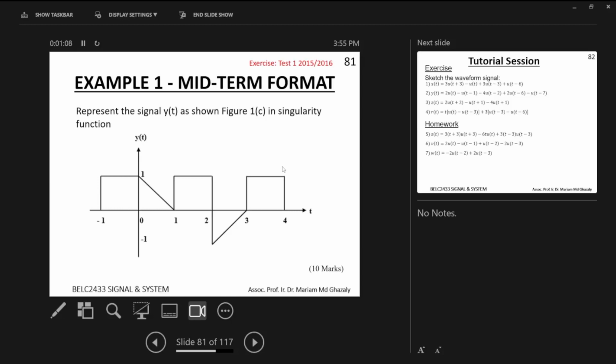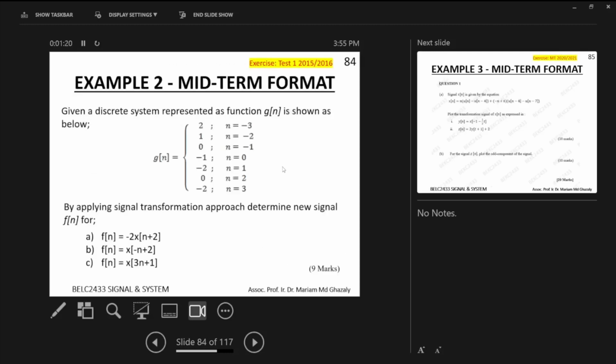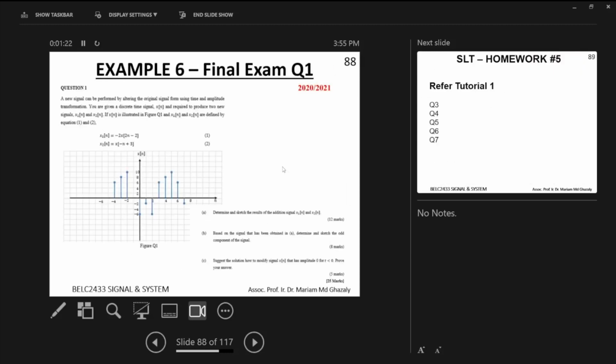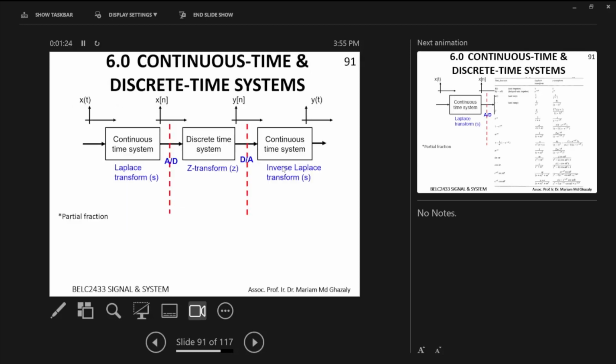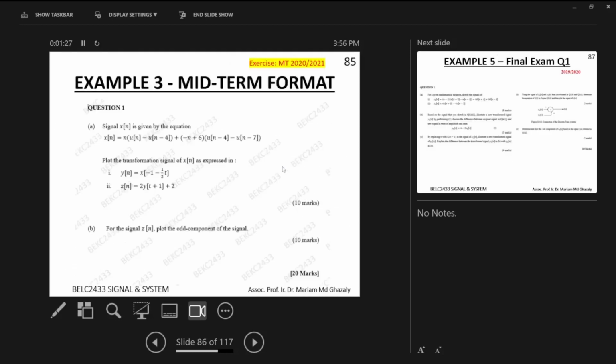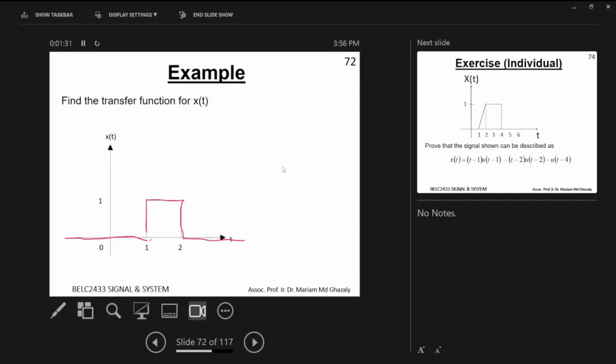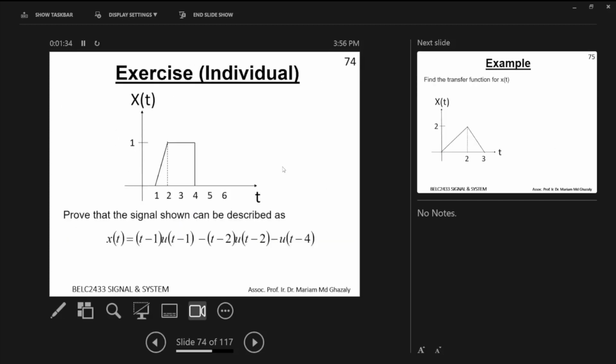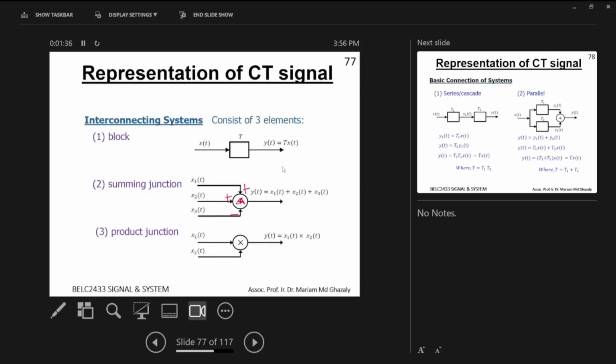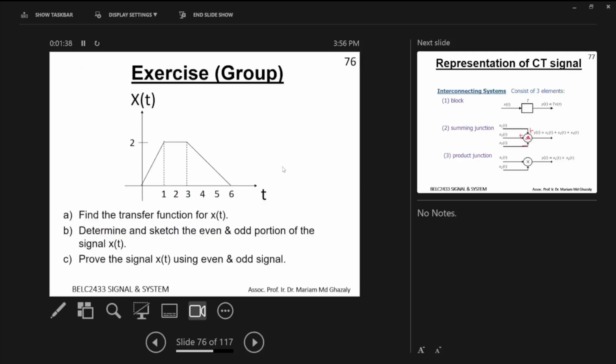And this one is the one below. Before we go to this one, we need to do another exercise. Okay, so another example. It is also considered quite easy.